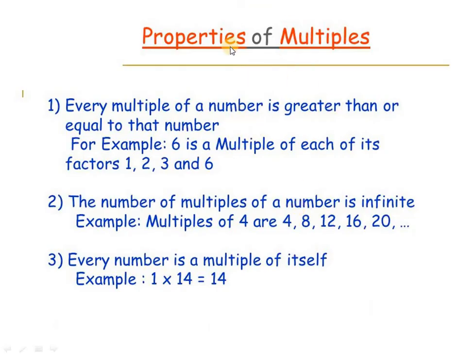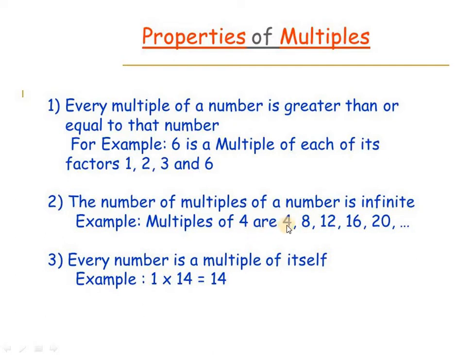First of all, we will see the properties of multiples. First, every multiple of a number is greater than or equal to that number. For example, 6 is a multiple of each of its factors 1, 2, 3 and 6. Second, the number of multiples of a number is infinite.